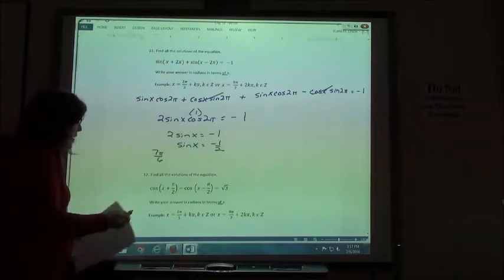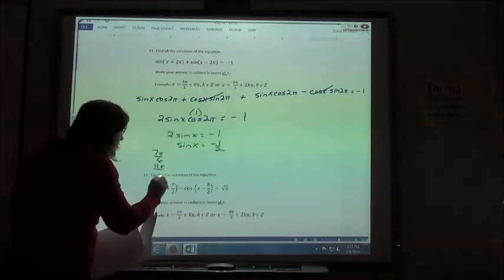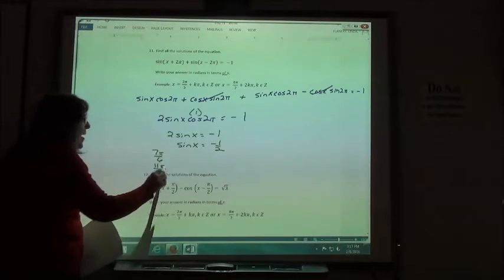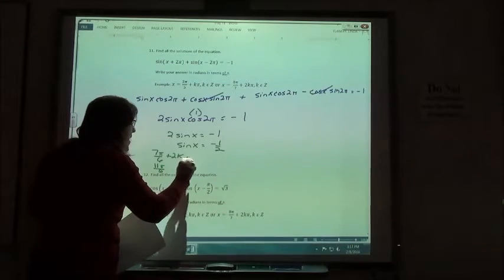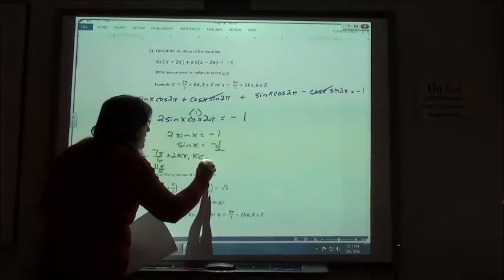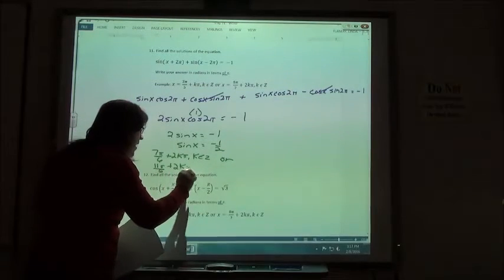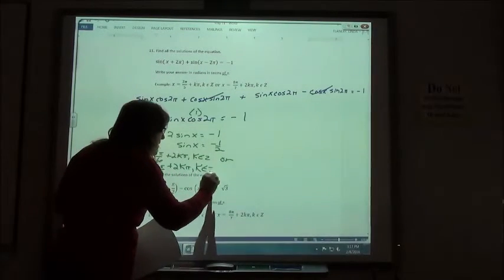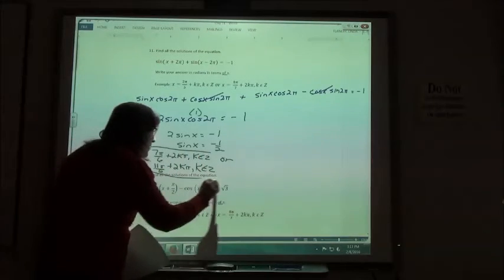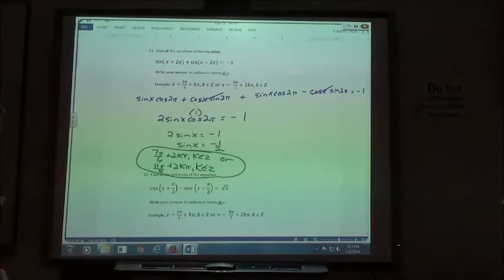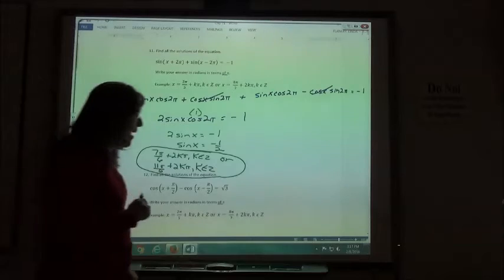Also equals -1/2 at 11 pi over 6. So we're going to have 7 pi over 6 plus 2k pi, with k being an element of z, or 11 pi over 6 plus 2k pi, with k being an element of z. Those would be the values where our sine of x equals negative 1/2.